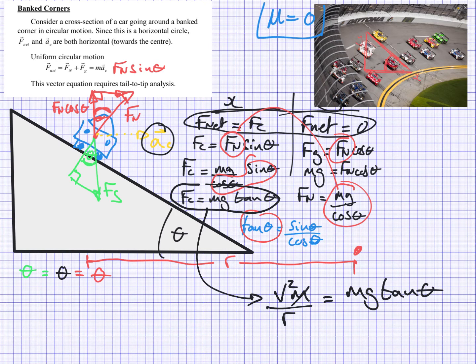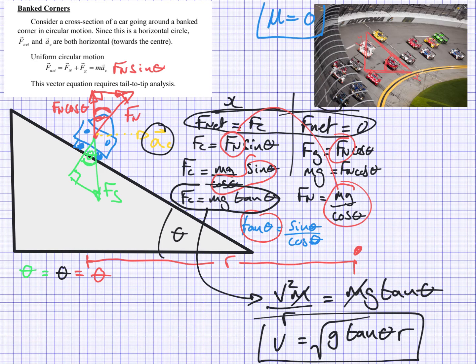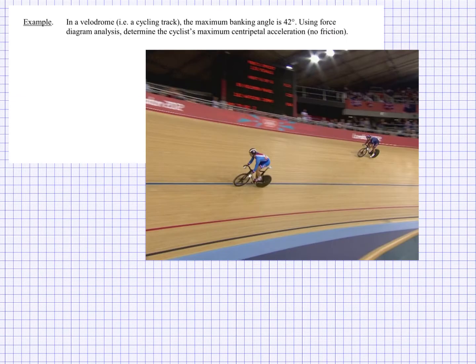Now once again in circular motion, the masses cancel out, and I'm left with the speed required to maintain circular motion when there's no friction in a banked corner: v is the square root of g tan theta r. That equation would give us the speed that we'd need to stay in that banked corner.